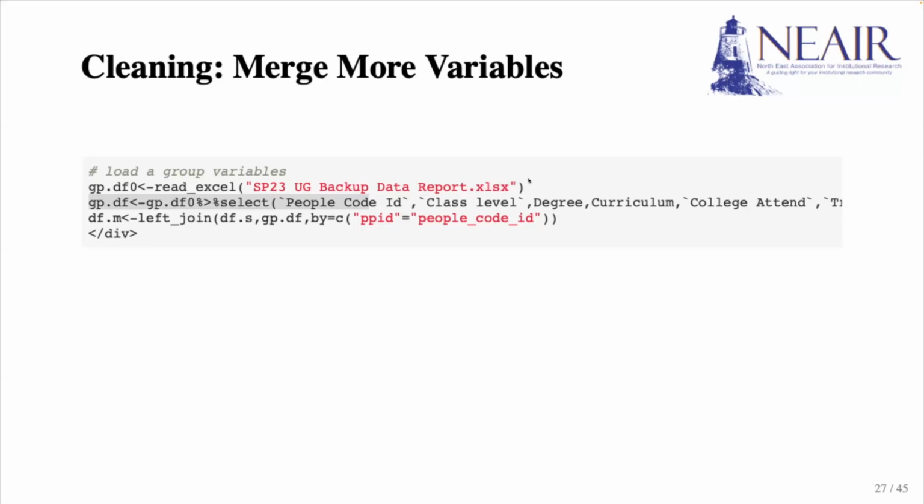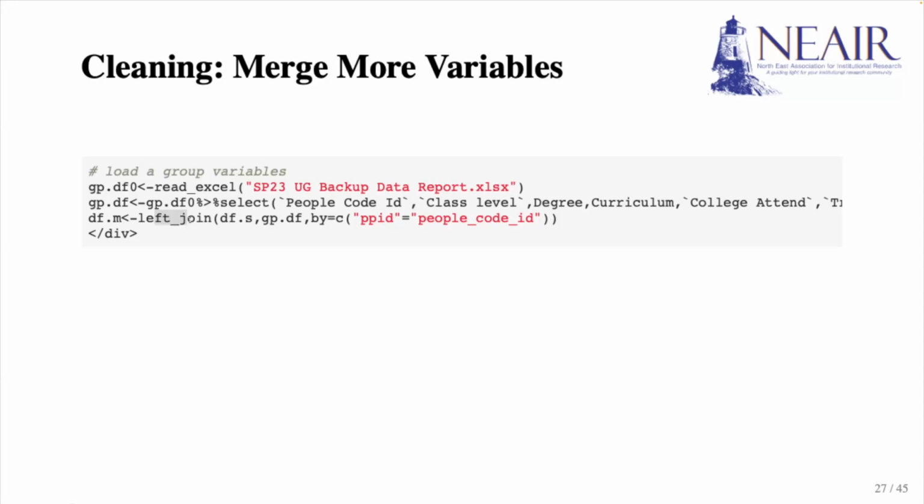For example, class level is an important variable to include in our data visualization that we showed in our previous section. To accomplish this, we first load our student enrollment data and performed a left join to get a comprehensive data set.